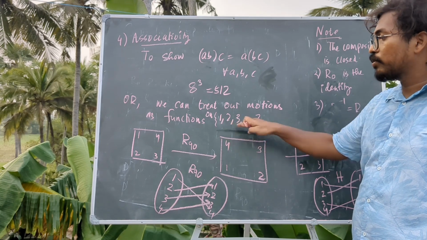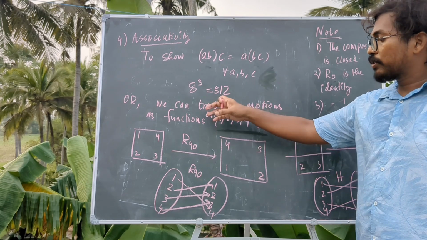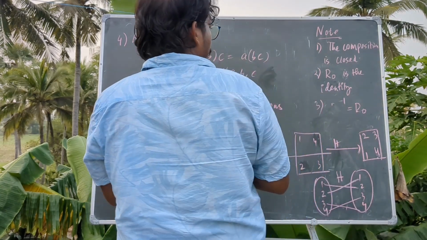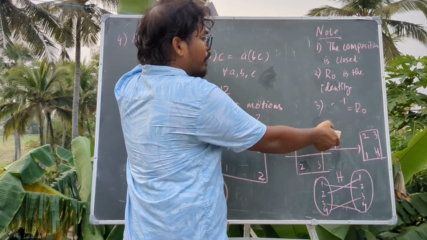So the motions we have taken, I can treat them as functions on the labeled corners. I have taken 1, 2, 3, 4 as the corners. So any motion can be treated as a function, and we know we have composition, identity, and inverse of every element.